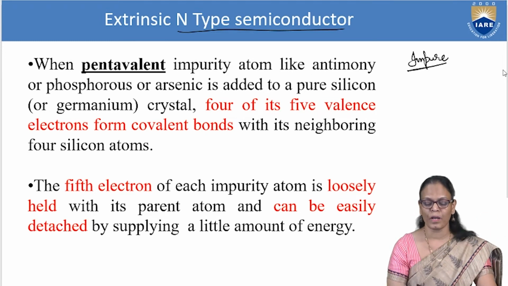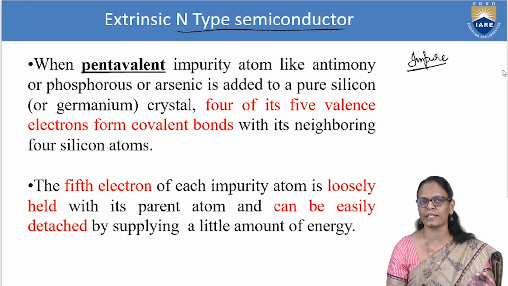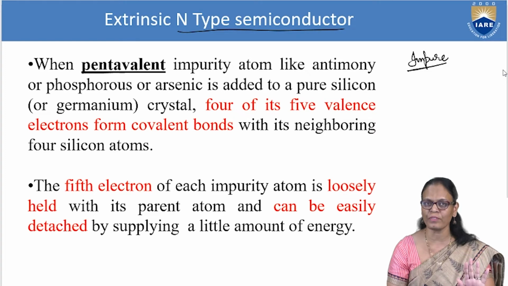So here, when a pentavalent impurity is added, penta represents 5 and valent means valence electrons. So a pentavalent impurity means an impurity which has 5 valence electrons.